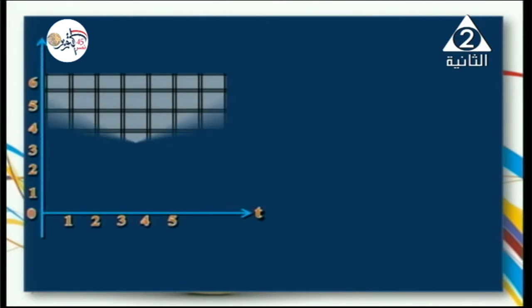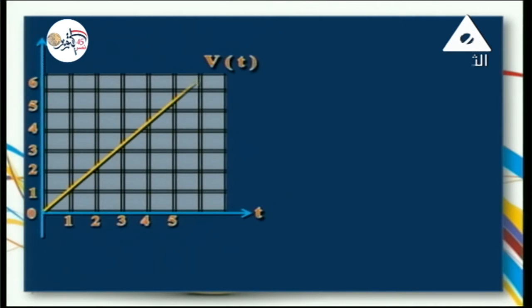My dear students, look at the introduction about integration of vector function. Look at the velocity-time graph, v vector. This is the acceleration, represented by a straight line starting from t equals 0.